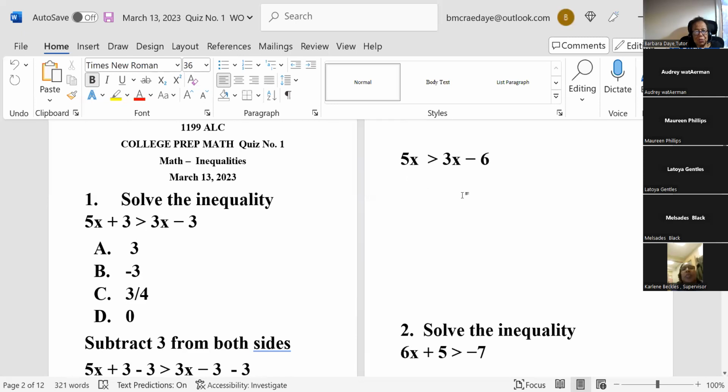So what did you do? I'm going to subtract 3x on both sides again. Subtract 3x from both sides.